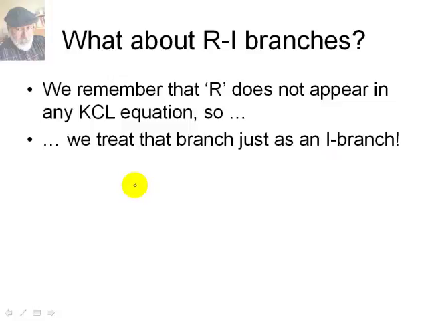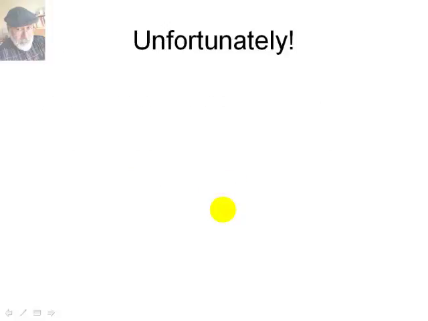So if we have a current source in series with a resistor, we treat that as if it was only the current source for purposes of writing the equations. Later on, we may need the power in that resistance, but to solve this circuit, we treat that branch like this. This is a very nice method.